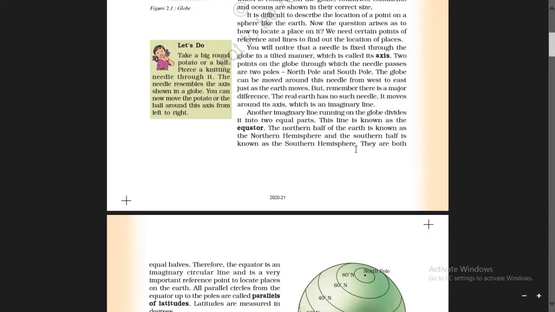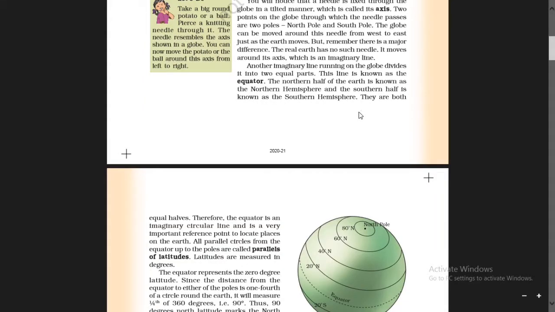As I told you, the equator divides the Earth into two equal halves. The northern part, the upper part, is known as the northern hemisphere and the lower part is known as the southern hemisphere. They are both equal halves.